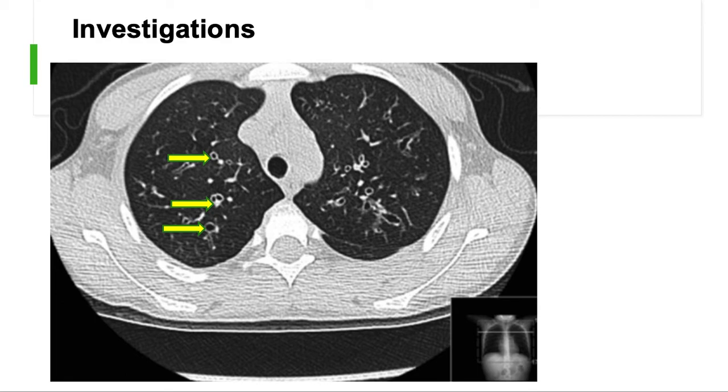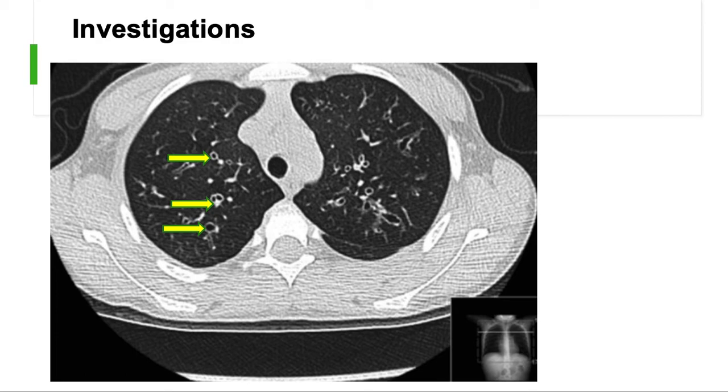Computed tomography of the chest showed widespread bronchiectasis, shown by yellow arrows, with evidence of mucus plugging, as can also be seen in the pictures. A sweat test revealed a high chloride level of 81, with more than 60 reflecting a likely diagnosis of cystic fibrosis.